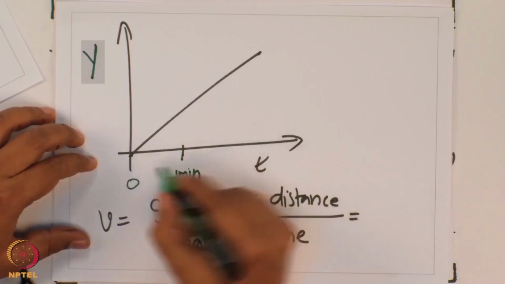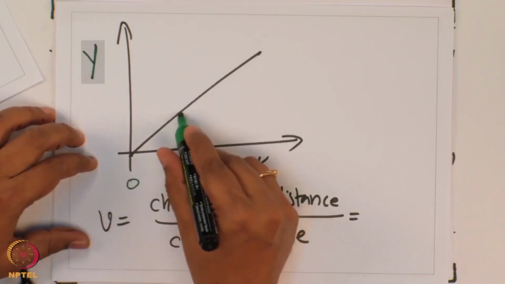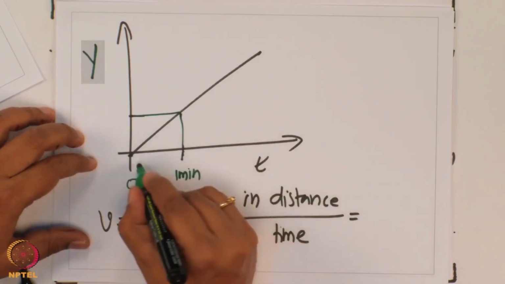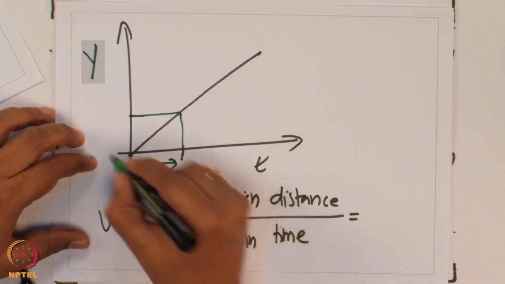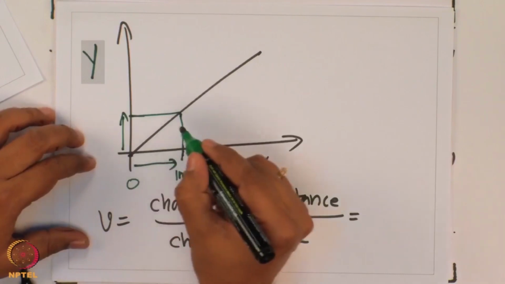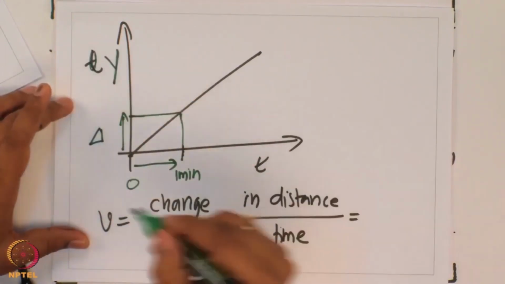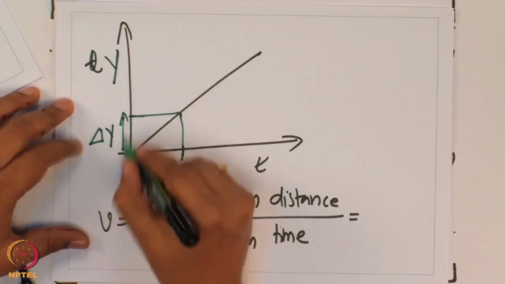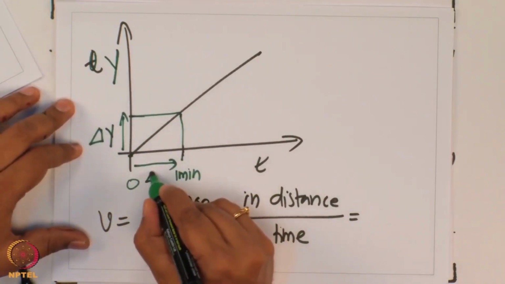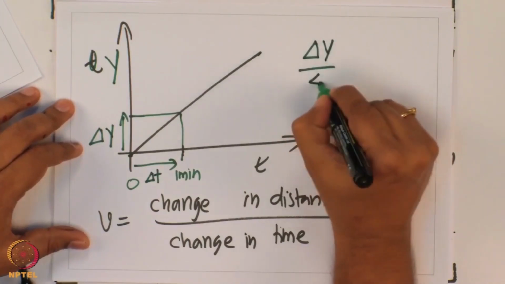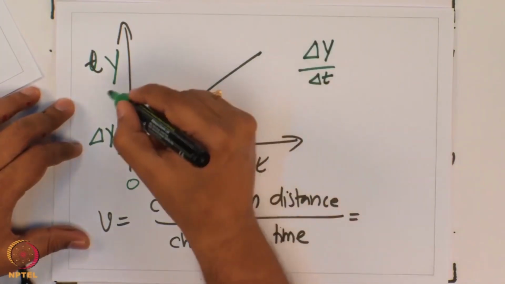In 1 minute, how much did I travel? The time changed by 1 minute, how much did the y change? So this is my y, this is my time, and this is delta y. How much did the y change when the time changed this much? So delta y by delta t is velocity.